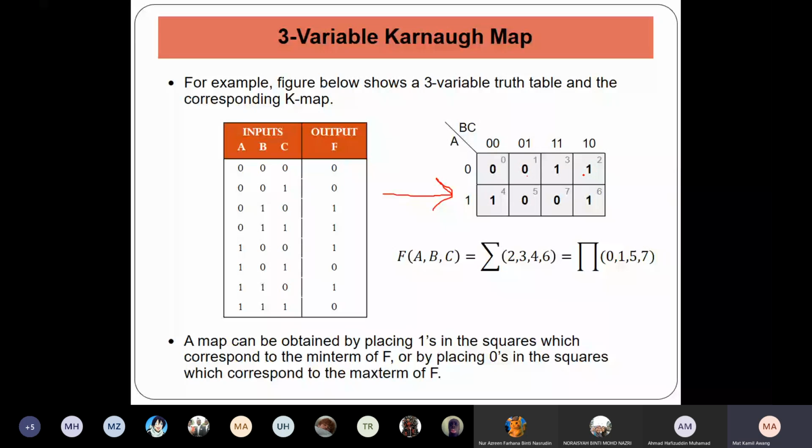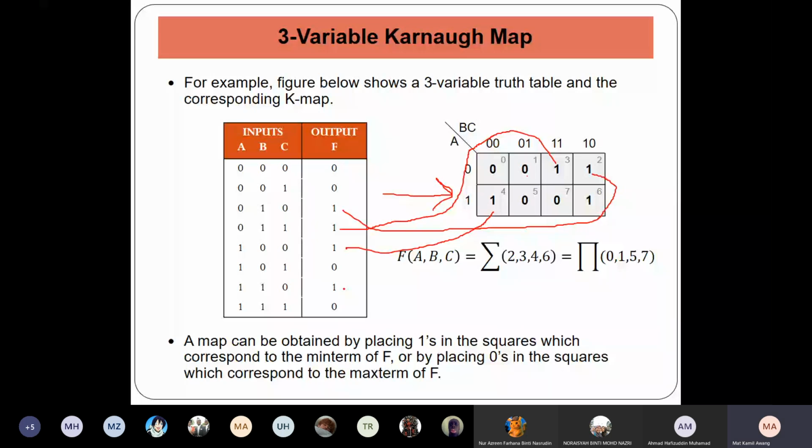So basically this one is 0, 1, 1. This one is 1, 0, 0. So 1, 0, 0 is this. And another one, 1, 1, 0.